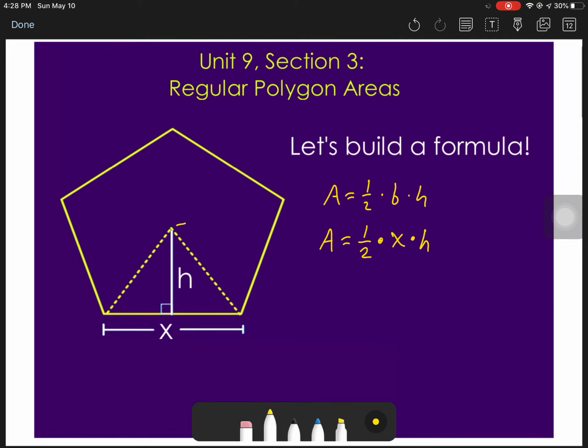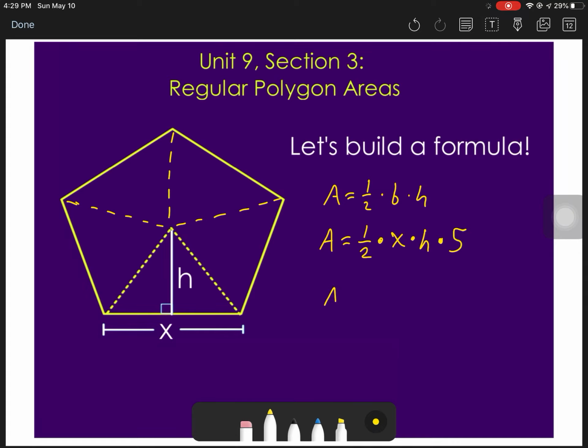So if it's a regular pentagon, that means that we have 5 triangles that we can build out of this. And now I'm not doing the best diagram, and I don't necessarily know if this is drawn to scale. But if you were to imagine that we would get 5 of the exact same triangles inside of that, then all we would need to do is multiply whatever we get our answer over here by 5.